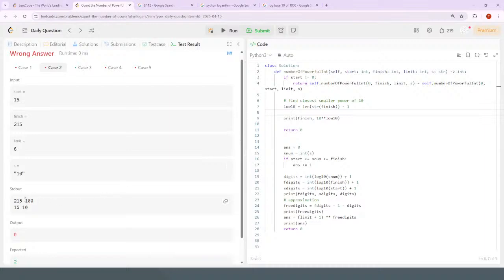So 100 has 3 digits. So I think maybe I don't need to subtract 1.